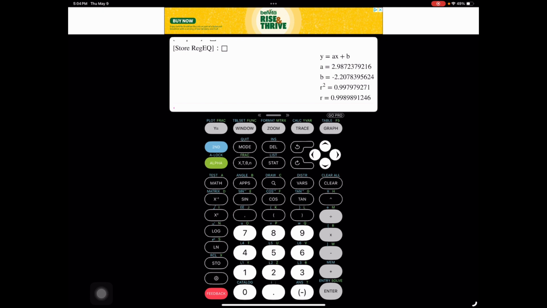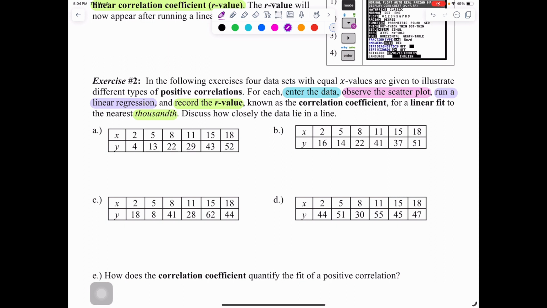So now that we know our R value, we're going to go to the nearest thousandth. That's 0.999. So let's go back to our notes and record that and talk about what that means. So the value we got for R was 0.999. And that number is extremely close to 1. Let's think about what 1 means. That's a perfect score. 1 is like a perfect score for correlation coefficient. If it was a perfect 1, it would be a perfect line with like an exact slope and y-intercept.